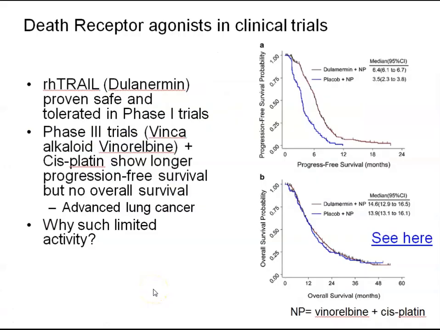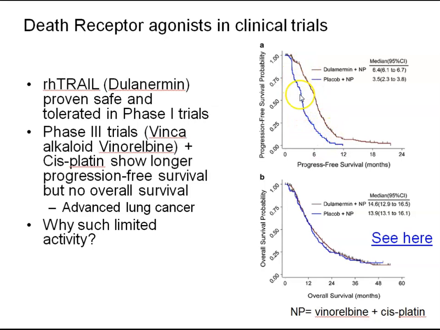So as I said, recombinant human TRAIL is certainly not spectacular, and this is from a clinical trial using recombinant human TRAIL. It's shown to be safe. What we can see here is a placebo group, so a placebo group without TRAIL, and then we've got the group with TRAIL.